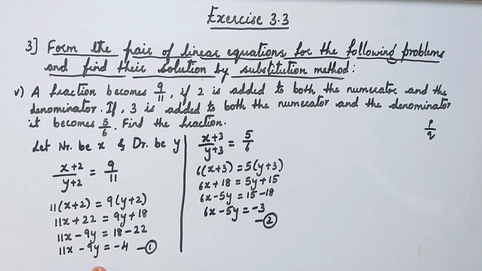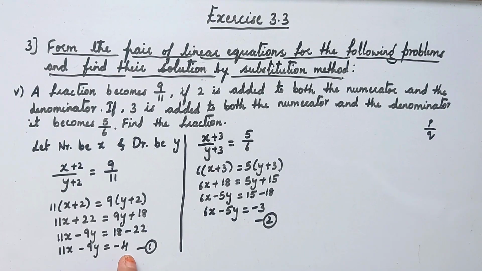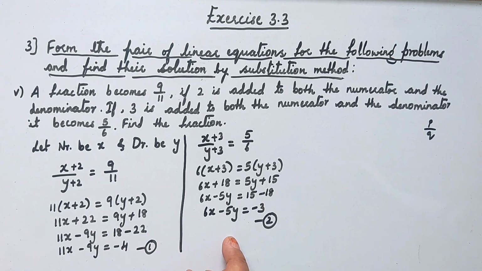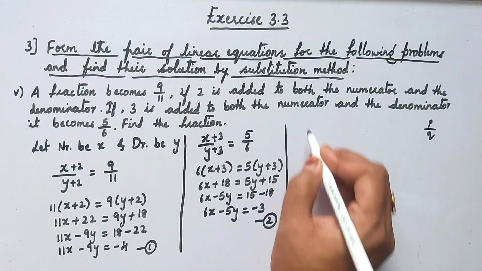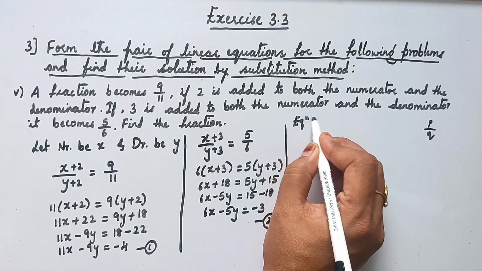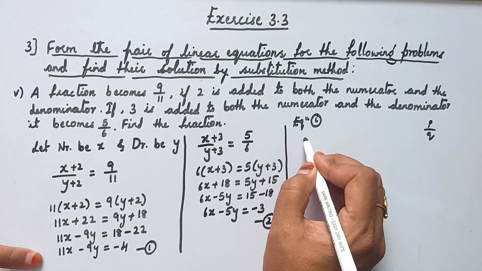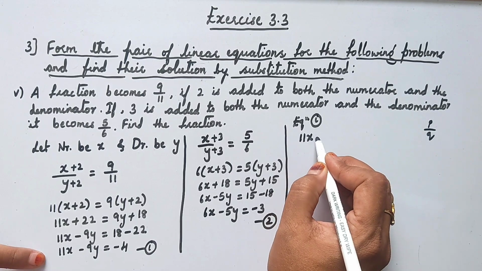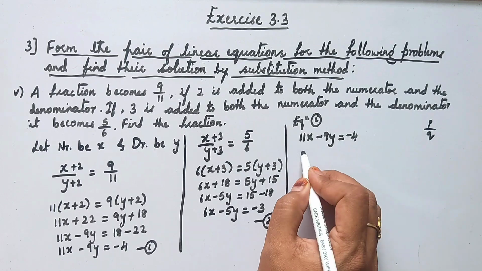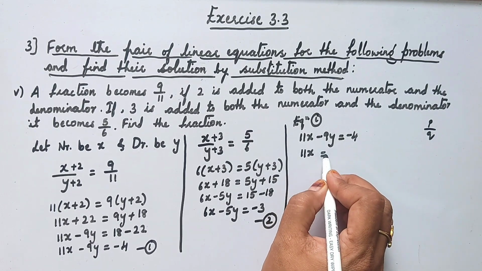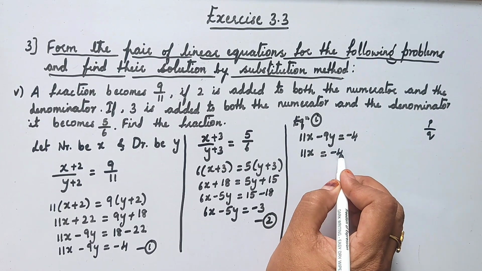Now we got equation 1 right, so from equation 1 we'll find the value of x and substitute in equation 2. Okay students, here I'm going to write equation 1. Here it is 11x minus 9y equal to minus 4. 11x equal to, after equal to we have got minus 4.